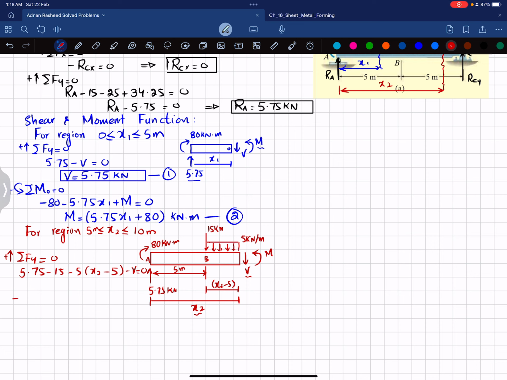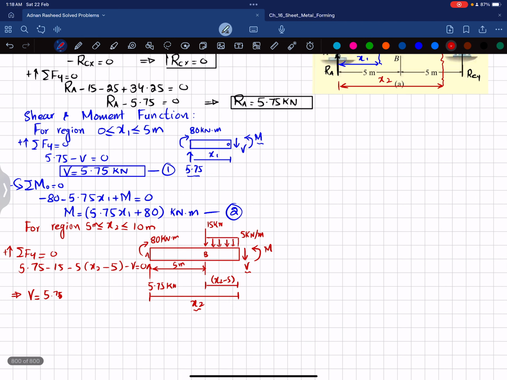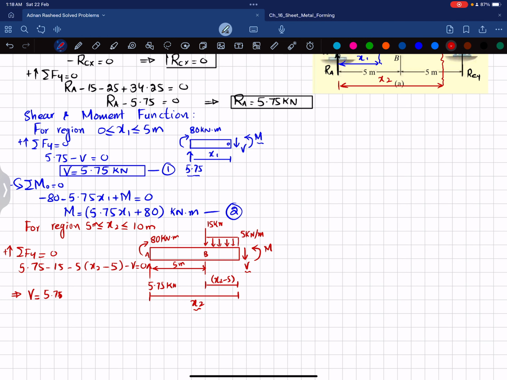So from here, what we will get is V is equal to 5.75 minus 15 minus 5x2 plus 25.